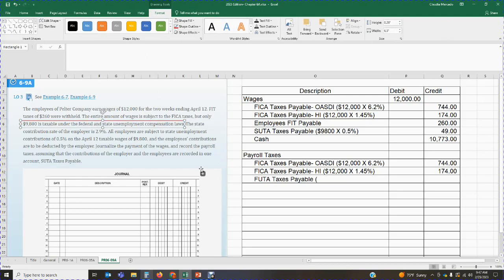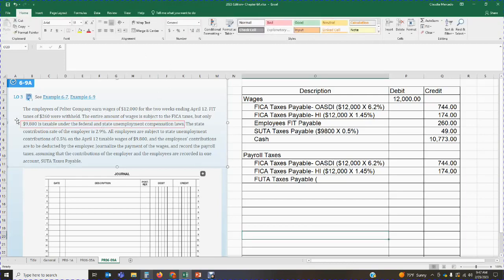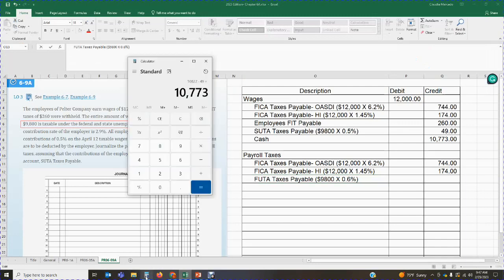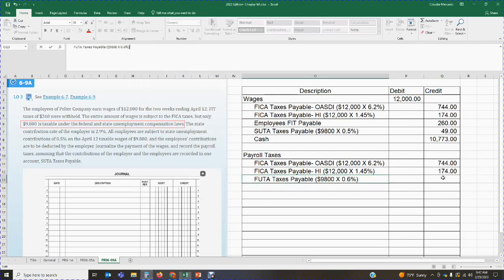So make sure that you use that amount that is referenced, that is taxable for federal and state unemployment. So we have $9,800, and my rate for FUTA is 0.6%. We're going to get our calculator, 9,800 times 0.6%, and that'll give me a tax of $58.80.